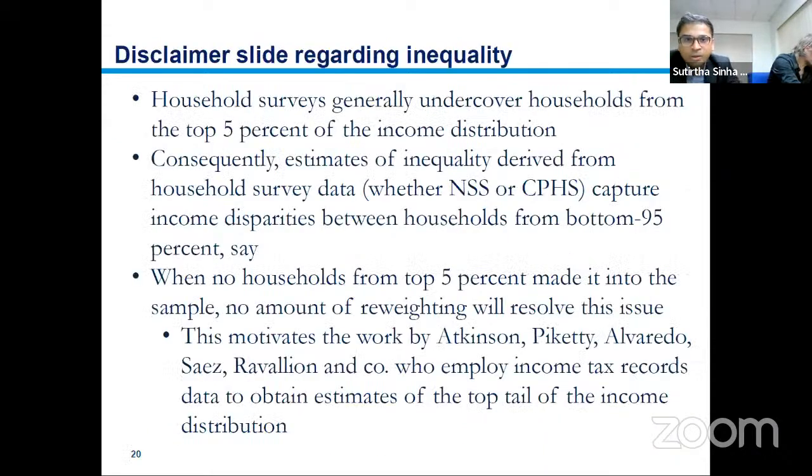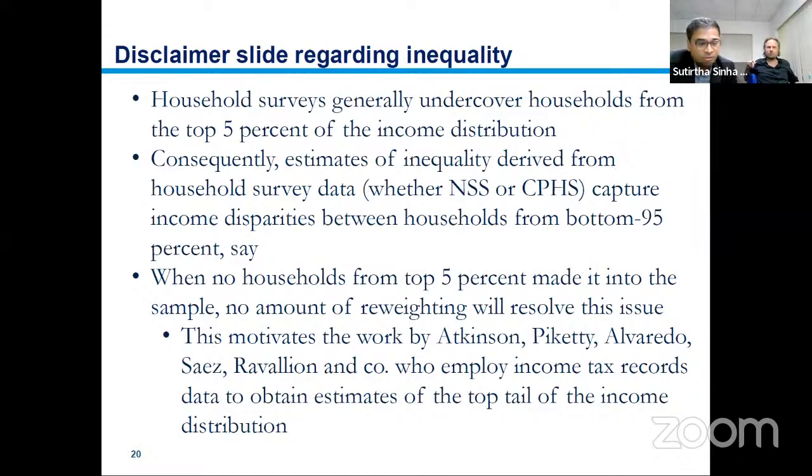One disclaimer about the inequality numbers that we are presenting here is that whether CPHS, NSS, or any other household survey will most likely cover up to maybe the 95th, 96th or 97th percentile of the distribution, but will surely not be able to fully capture the right-hand side of the welfare distribution.